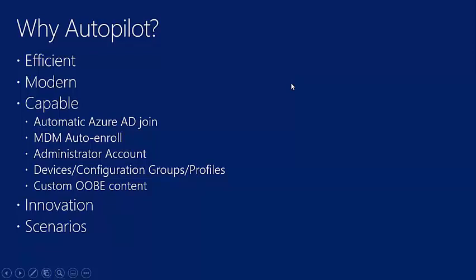It's modern, right? Autopilot is modern. Here we can preserve and convert an existing OS for production use. There is no requirement to wipe and load, which is so much a part of traditional imaging, at least with OSD and MDT, reducing the time investment required to build and customize the image. One of the big time requirements, if you will, of traditional imaging is the time required to lay down the operating system image itself, the operating system WIM, onto the hard drive.